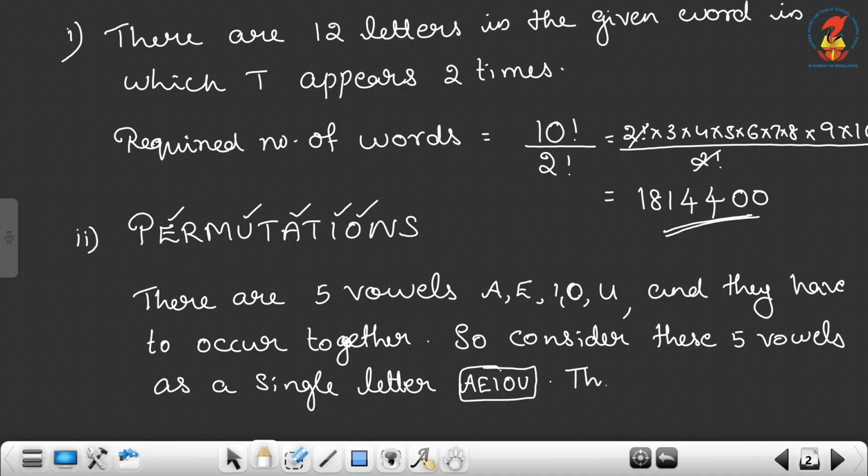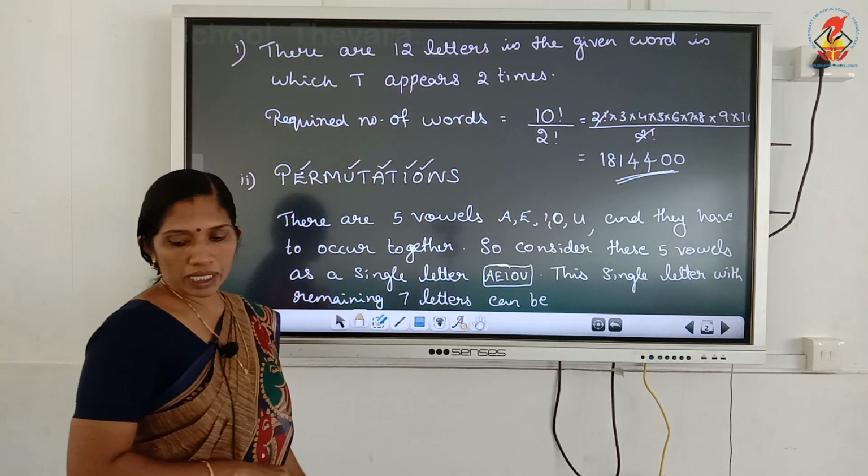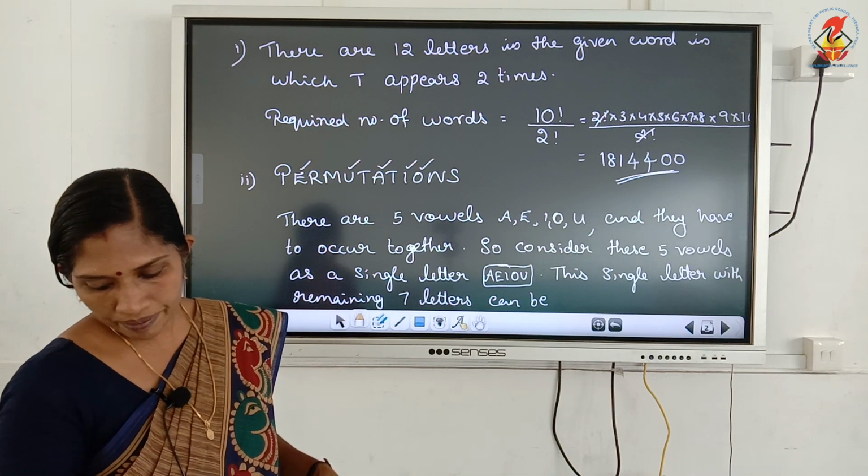So this single letter with the remaining 7 letters. Total how many letters are there? 7 plus 1, 8 letters.